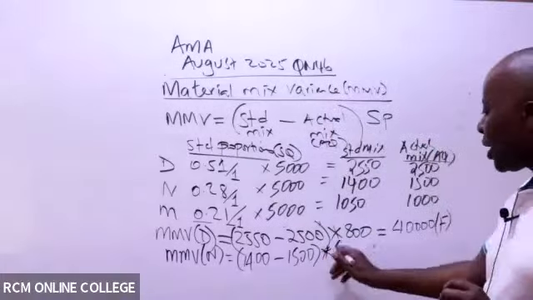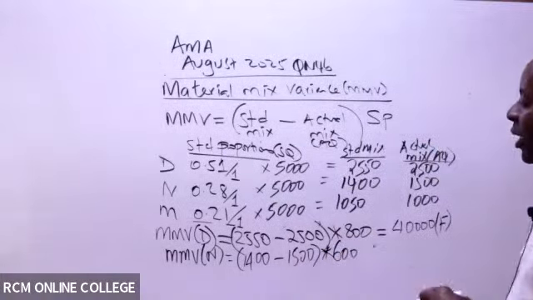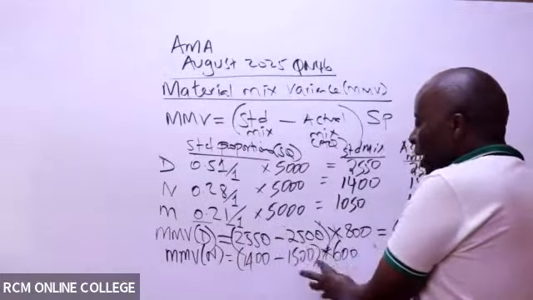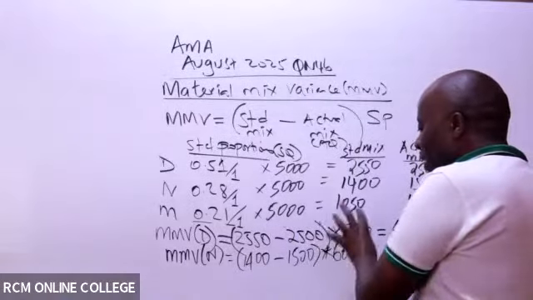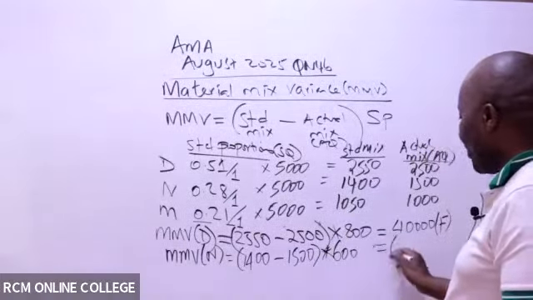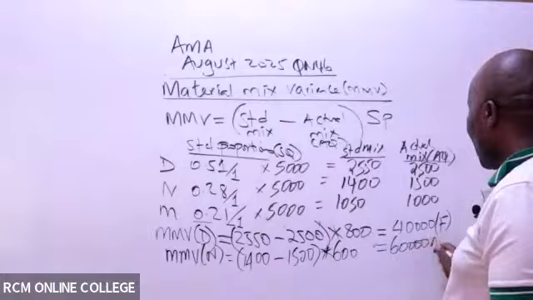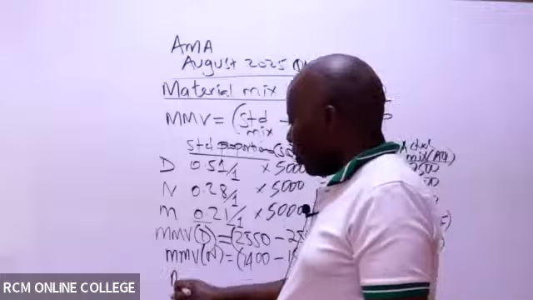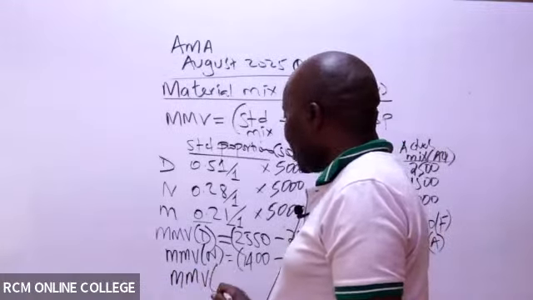Thank you so much. Then you take your calculator, open brackets, 1,400 minus 1,500, close, whatever answer we get times 600. What answer are we able to get? 60,000 adverse, like that. Thank you so much.